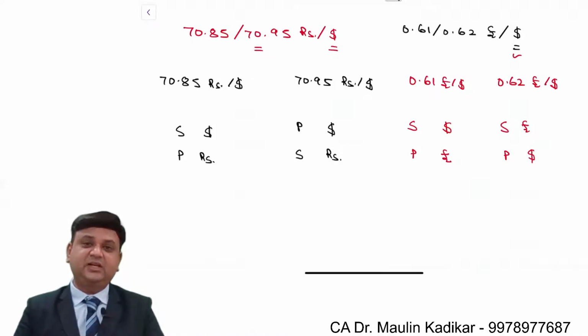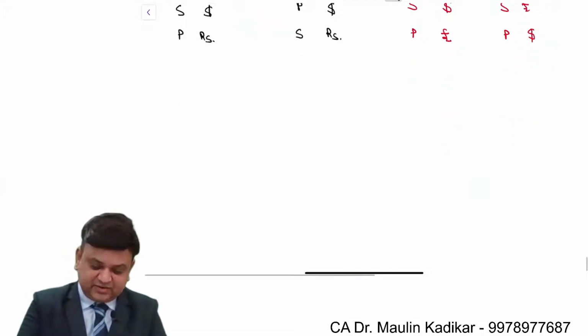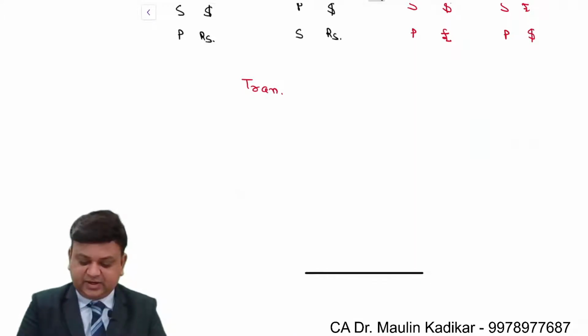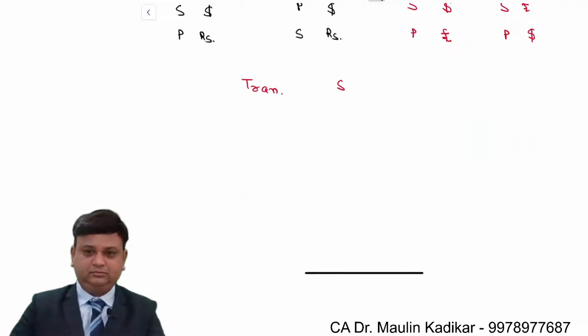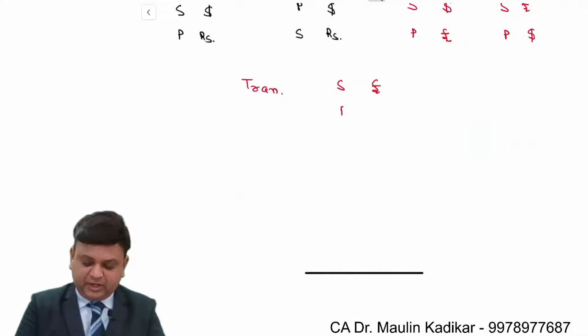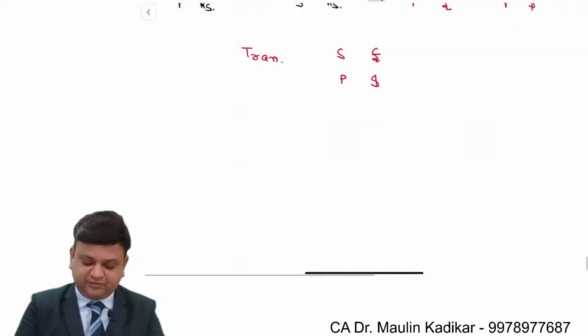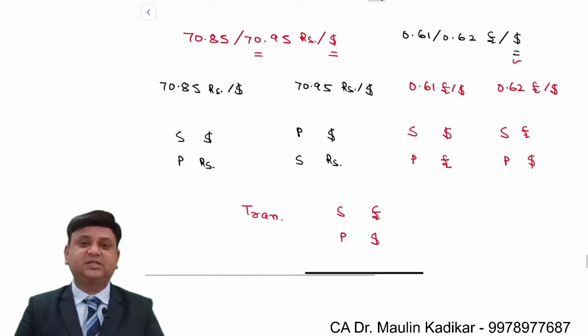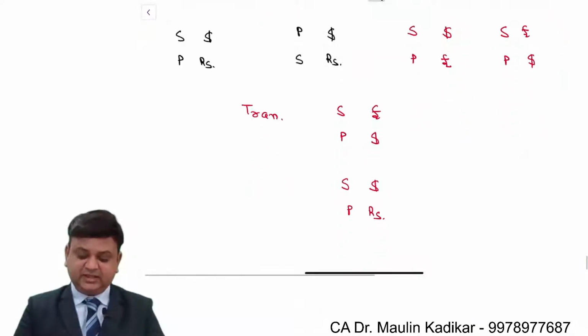So we are required to convert pound into rupees by using dollar as an intermediate currency. So the transactions in which Reliance would be interested are conversion of the pound into dollar and conversion of the dollar into rupees.